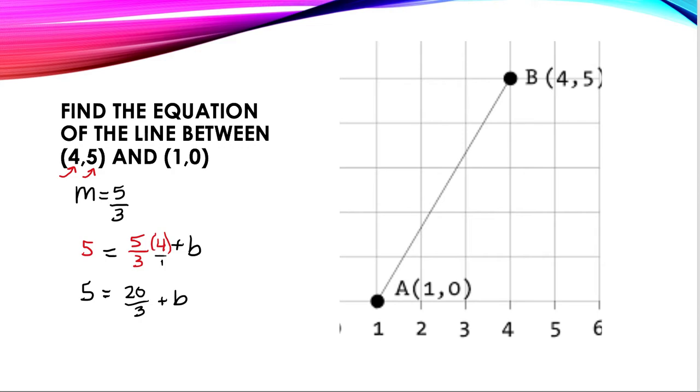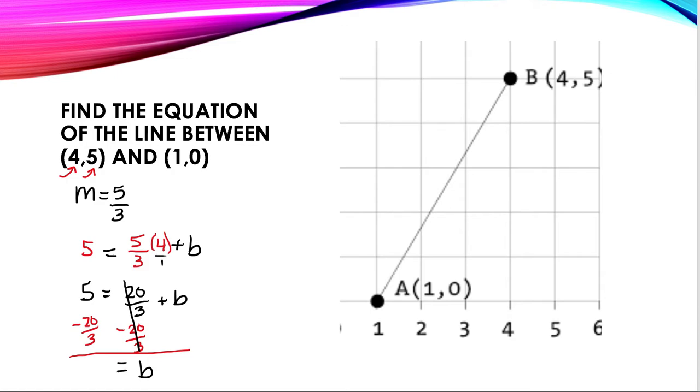Now our job is to solve for b. And so in order to do that, we're going to subtract the 20/3 from both sides of the equation. So on this part, this will cancel out and that'll leave me just the b.